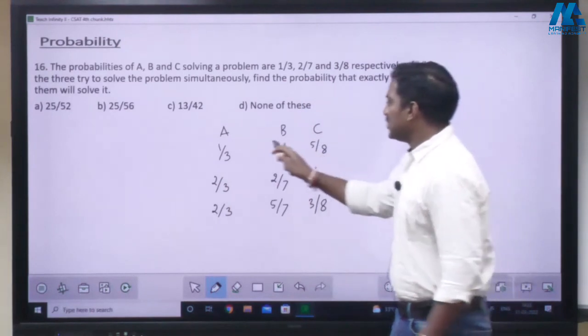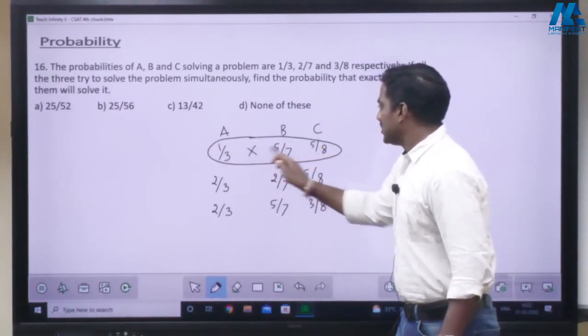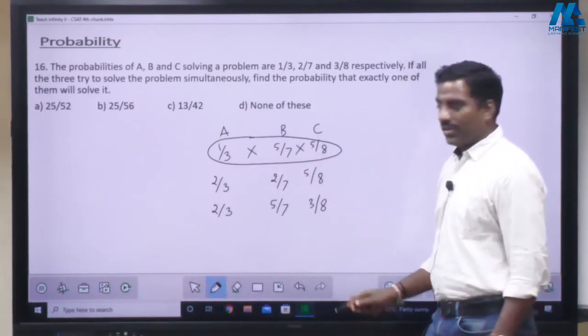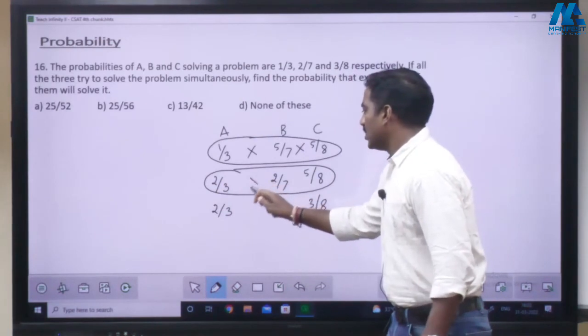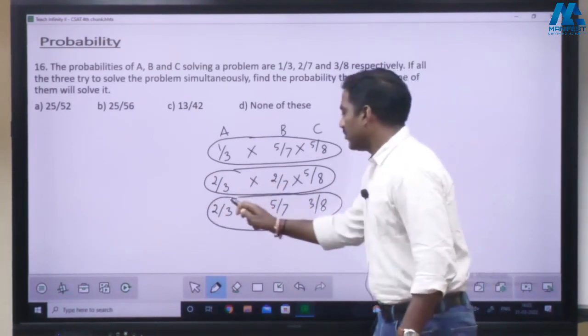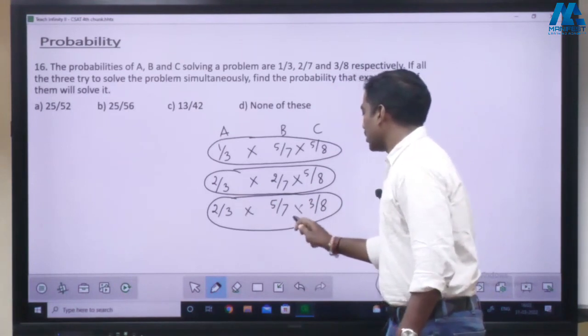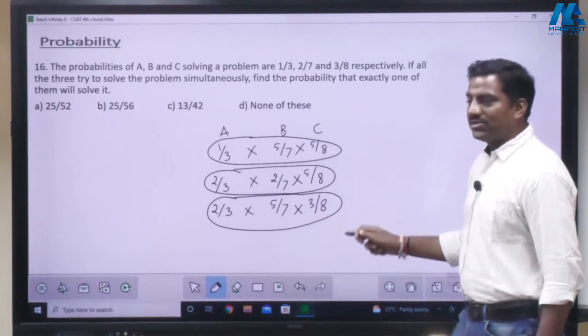See, this is one event. Only A solving. So this is the probability. Second case, only B solving. This is the probability. Last case, only C solving. Case 1, case 2, case 3.